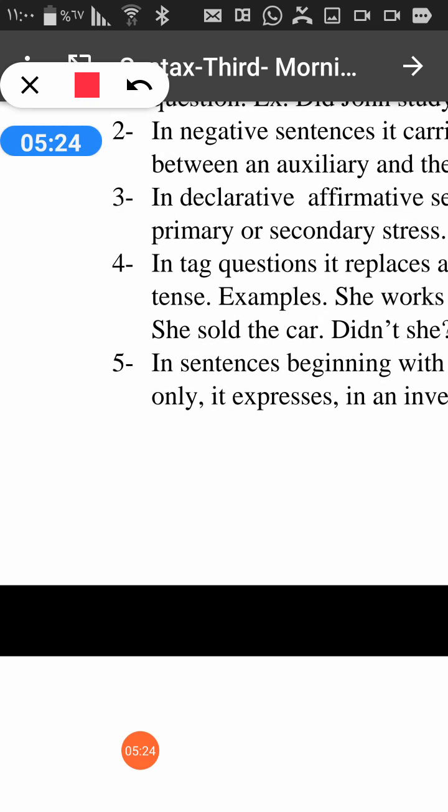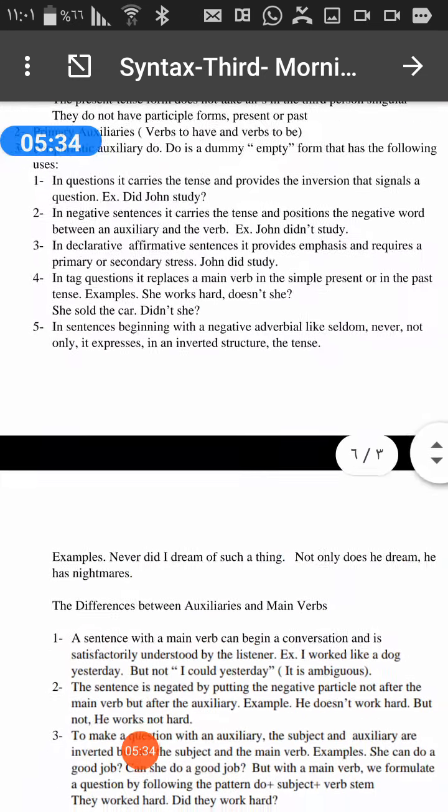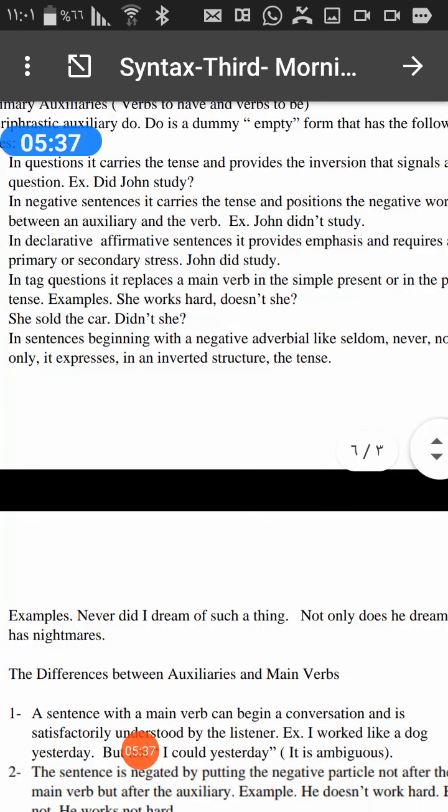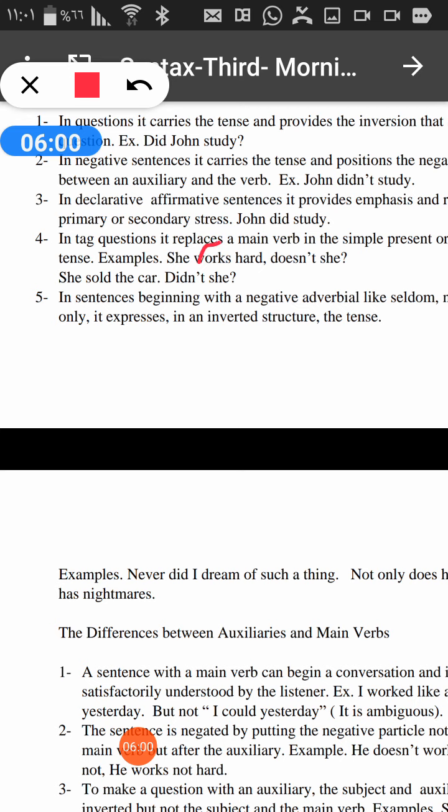Number 4, in tag questions, الوظيفة الرابعة للفعل المساعد do يستخدم كذلك في الأسئلة الذيلية. It replaces a main verb in the simple present or in the past tense. Examples: she works hard, doesn't she? Here does is used instead of works, بمعنى it replaces a main verb here which is works.